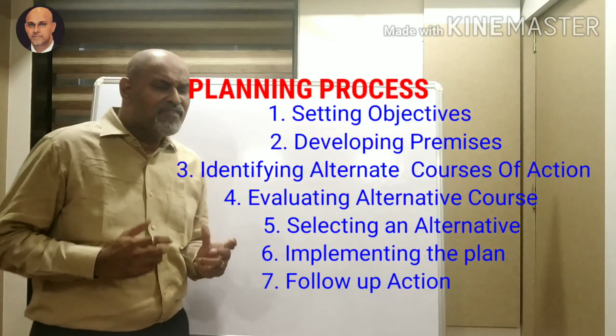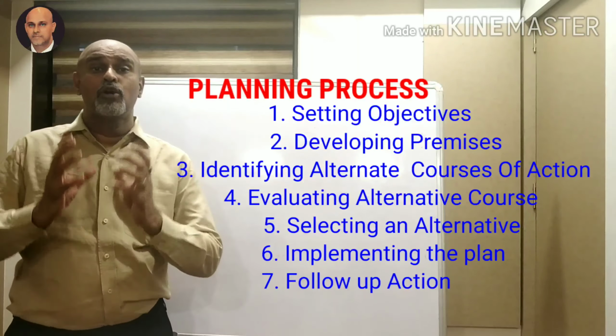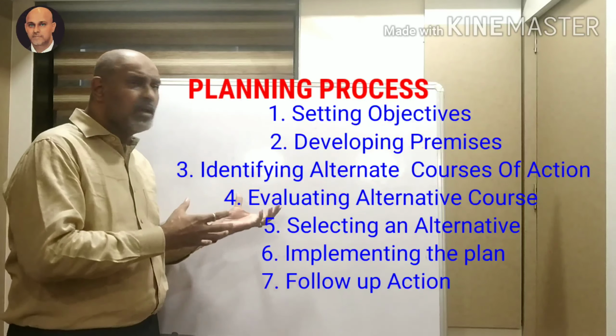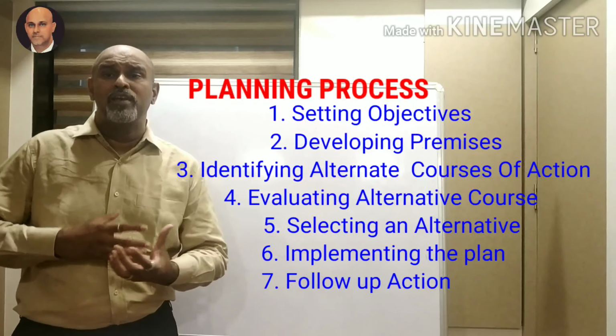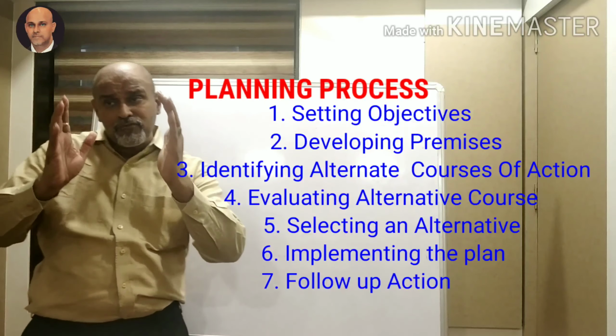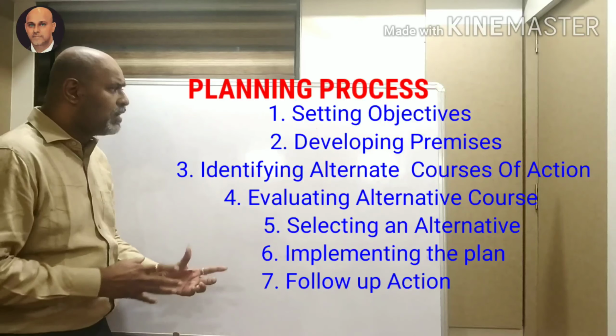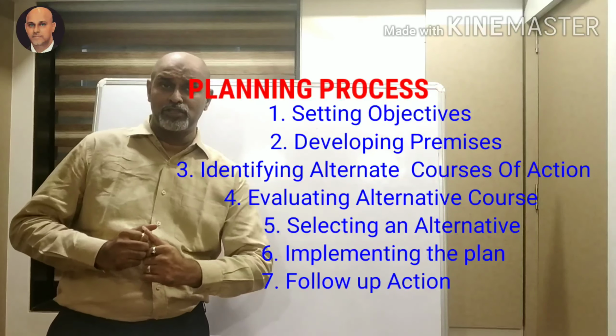Okay, from here we go to the third step, that is identifying the alternative courses of action. Now remember, when we have a problem, we first try and find out what the problem is all about. So we have to find out how we can go about doing a certain thing. Say, for example, you want to manufacture a product.